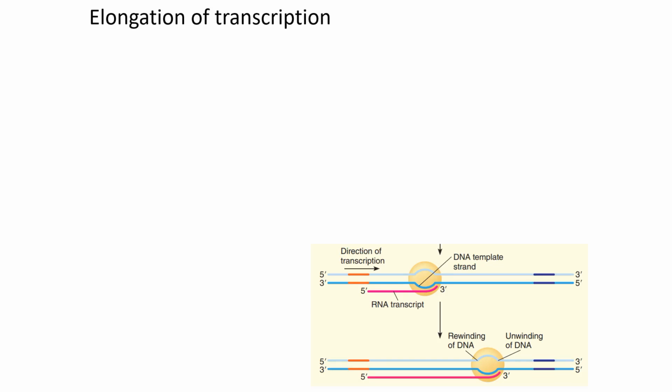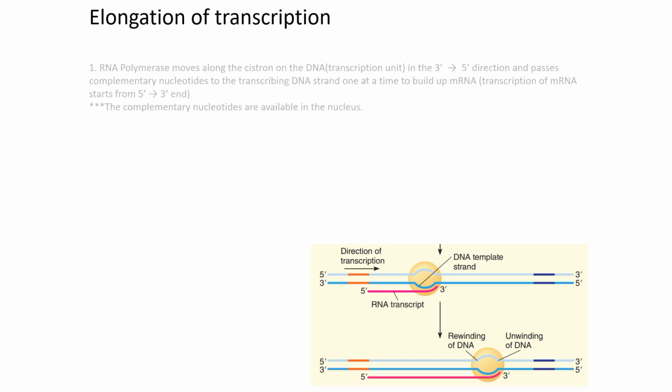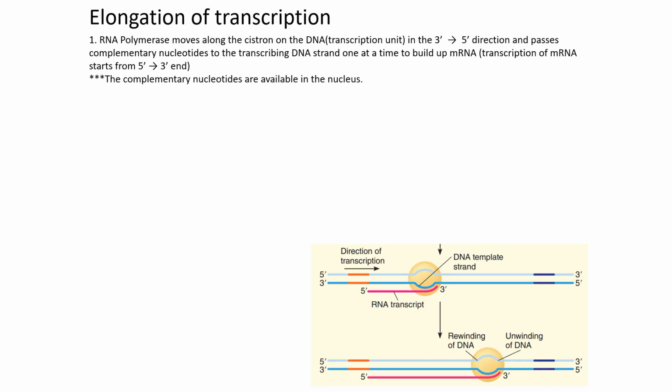All right, elongation of transcription. Now, what happens here? RNA polymerase, the P is a small letter p. RNA polymerase will move along the cistron on the DNA.